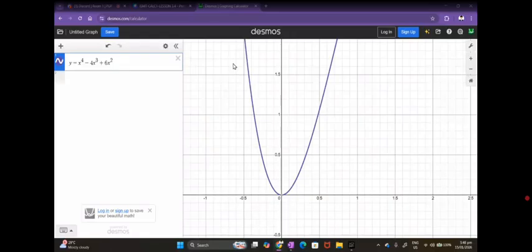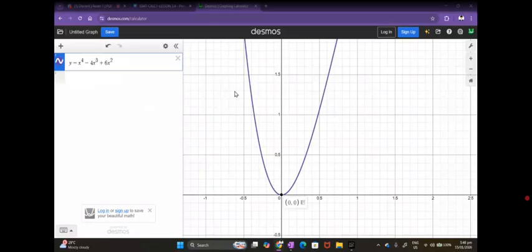Gets. So, ang point of inflection natin is just 0, 0. Kasi diba, pag sinalpak mo yung 0 dito, wala namang constant sa y is equal to x raised to 4 minus 4x cubed plus 6x squared. Wala ka namang makukuhang constant. So, it's 0. So, point of inflection natin is 0, 0.